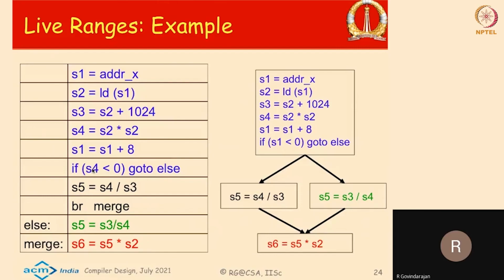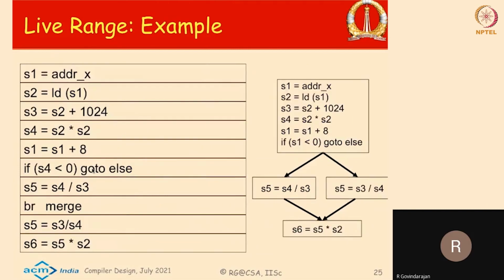Here we have many of these temporaries, S1, S2, S3, and so on. Now, let's look at the live range of these variables. Again, you have to calculate the live range by finding out whether the variable is live at different points in the program. And then, of course, after you have calculated the live range, you also have to figure out whether they interfere with each other or not.